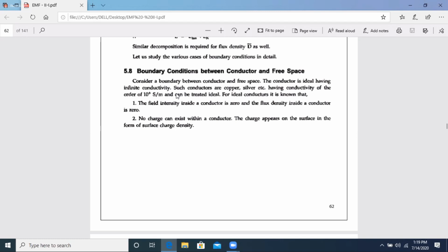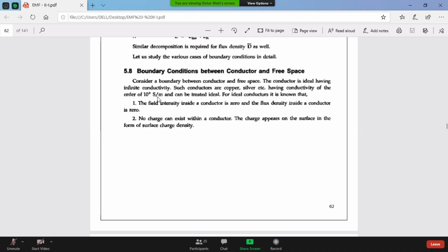That means that the resistance in the conductor is negligible, like with copper, silver, gold, etc. Very high conductivity of about 10 to the 6 Siemens per meter.